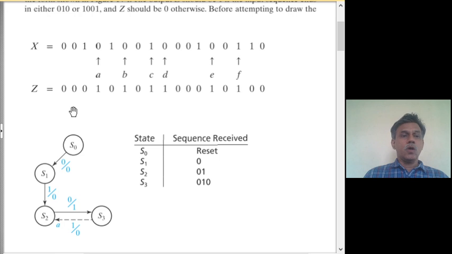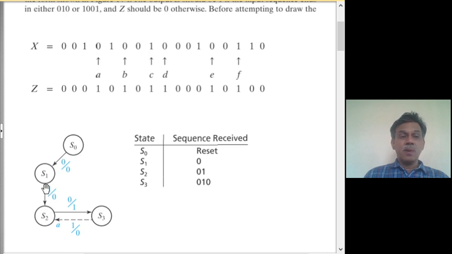So you have to generate another state, we will call it S1. But while going to this state S1, you should only output 0 because the pattern has not yet occurred. Why do we have the state S1? Because we remember that the first bit of the sequence 0, 1, 0 has occurred. Next, if the second bit is 1, then we should remember that the sequence 0, 1 has occurred so far.